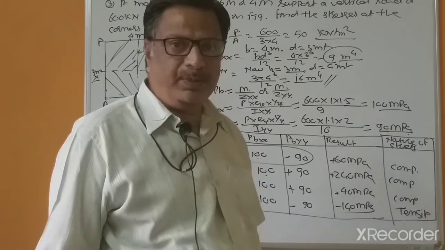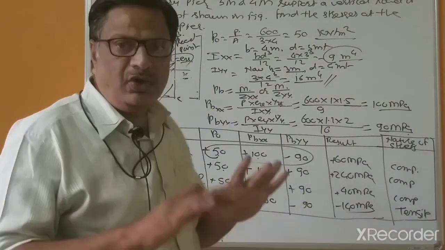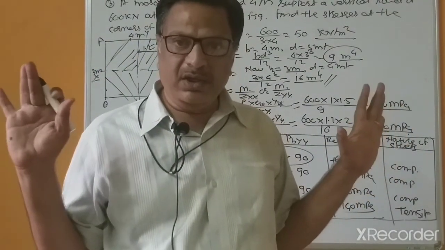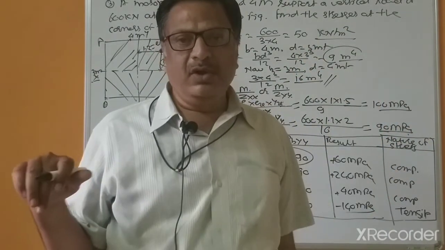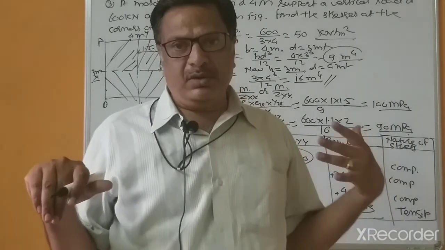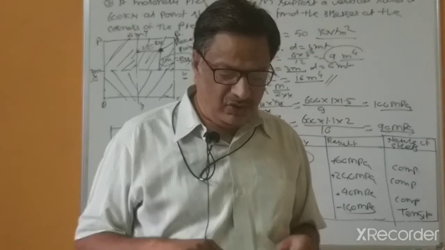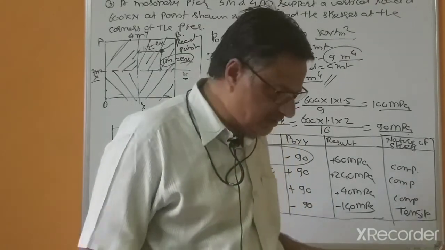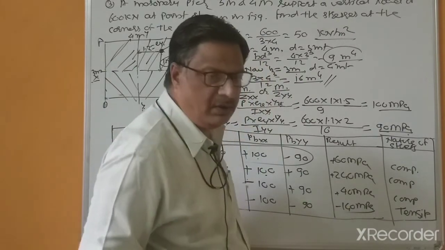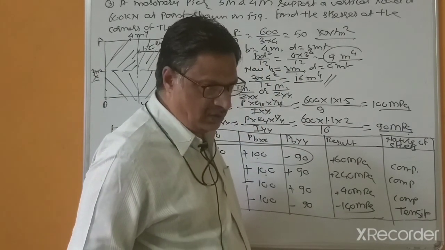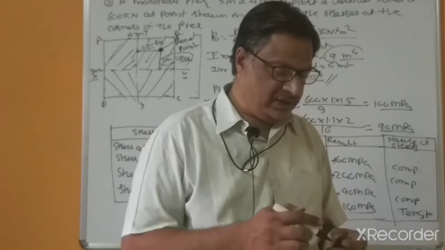If the load is acting at the center of the column, you will get uniform stresses at each section, because that is only direct stress. When direct stress and bending stresses combine, you will not get uniform stresses. In some cases you will get maximum, and in some cases minimum stresses. The remaining problems related to this chapter we will see in the next class.